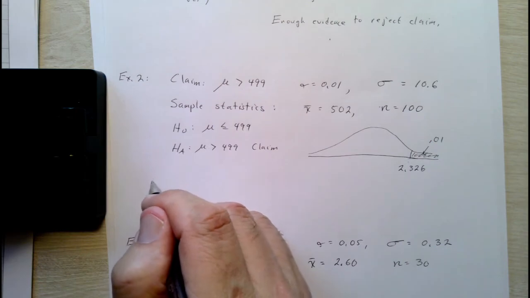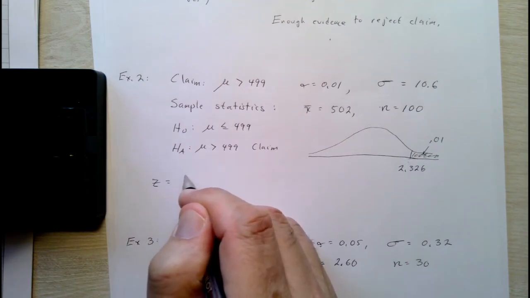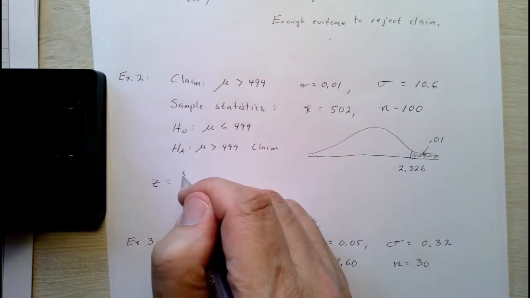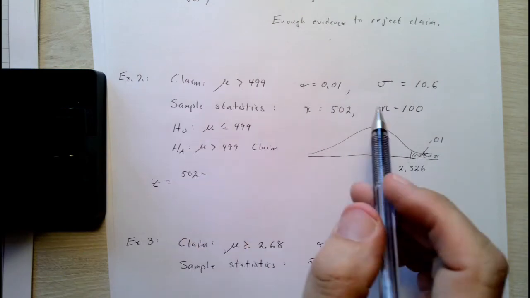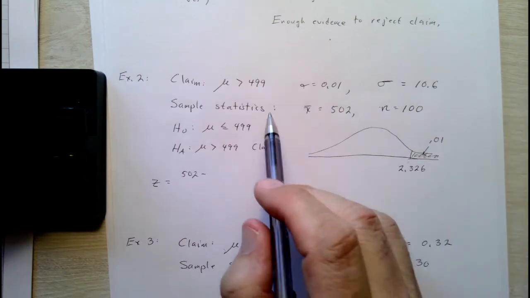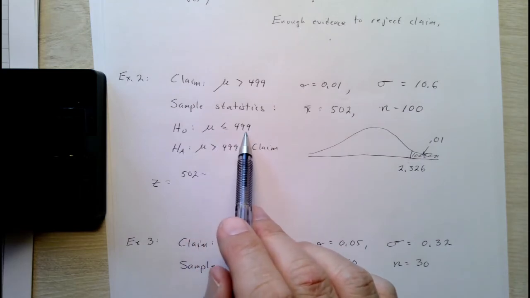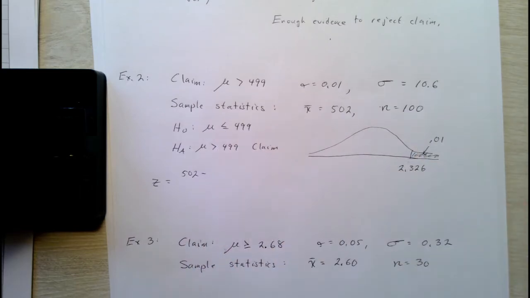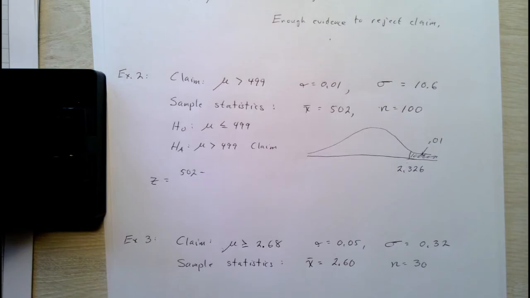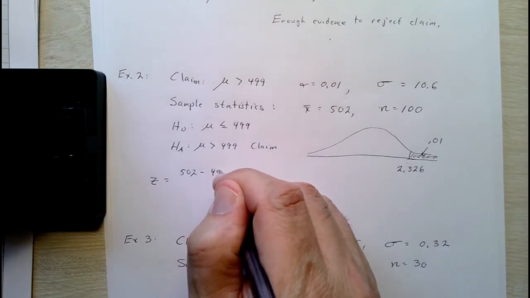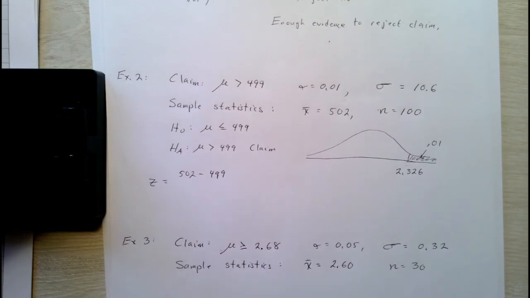So now we compute the standardized test statistic. So it's 502 minus 499. By the way, when we assume mu is less than or equal to 499, we can sort of just take mu to be equal to 499 for our purposes of hypothesis testing.